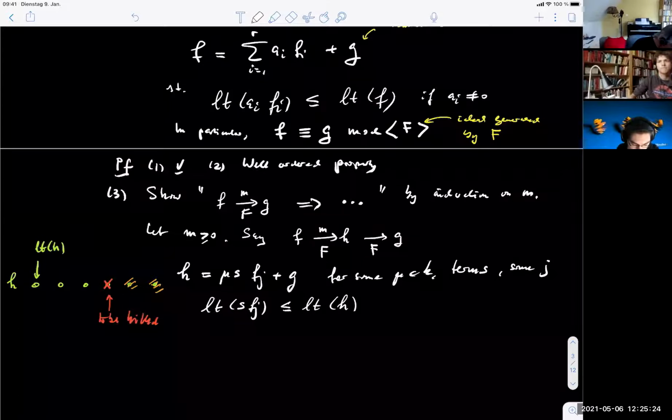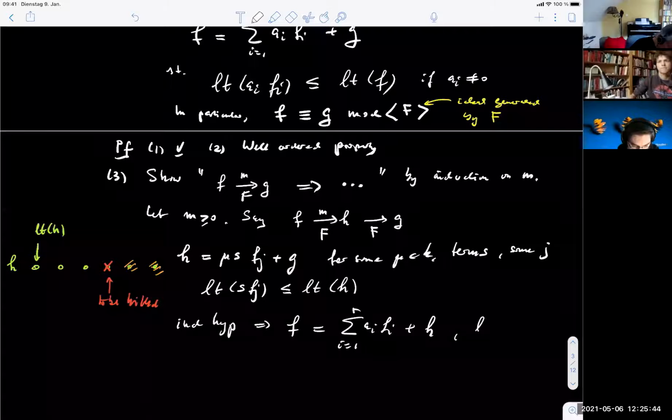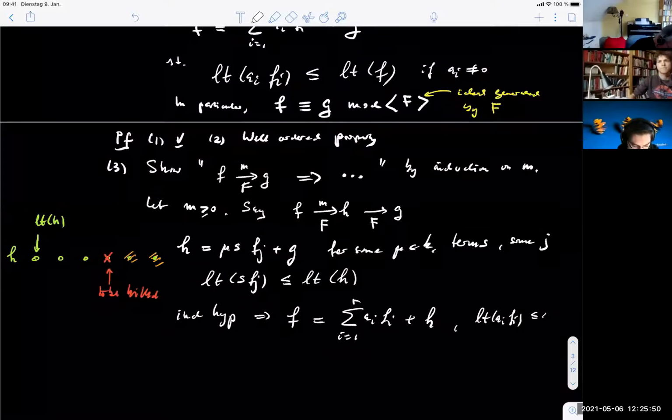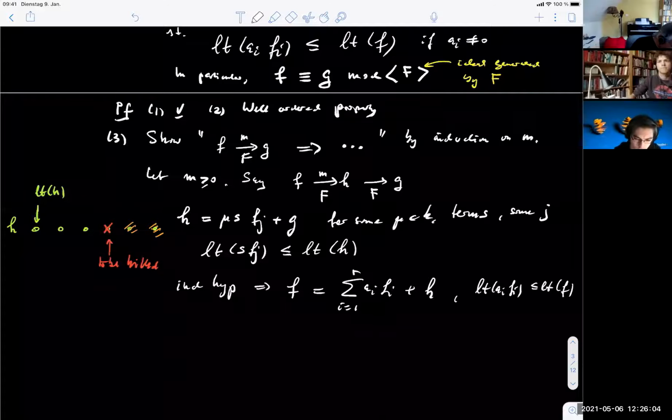Now we apply the induction hypothesis. The induction hypothesis gives me a representation of this form, where the remainder is h. And I know the leading term of each AiFi is less than or equal to the leading term of F. Now I just have to combine this. What I do now, I plug in my formula for H here. And then I rearrange a little bit.